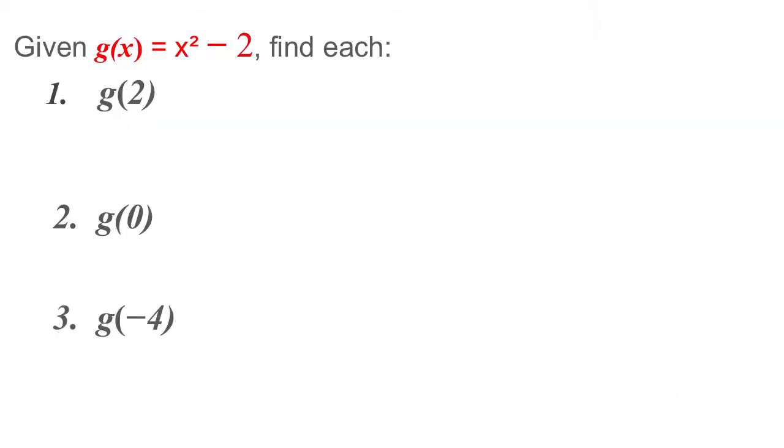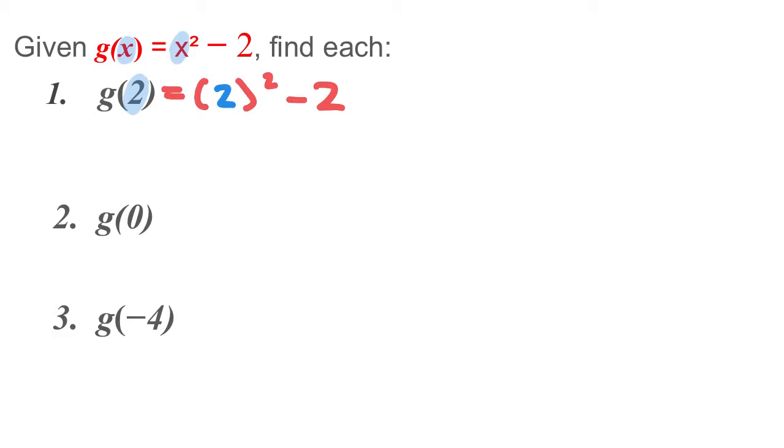So the next example says, given that g of x is x squared minus 2, find each value. If I want to evaluate each, whatever is in this value of x is substituting here. So now I'd be substituting 2 for the value of x. My original expression is whatever the number is squared minus 2, so I would fill in a 2.